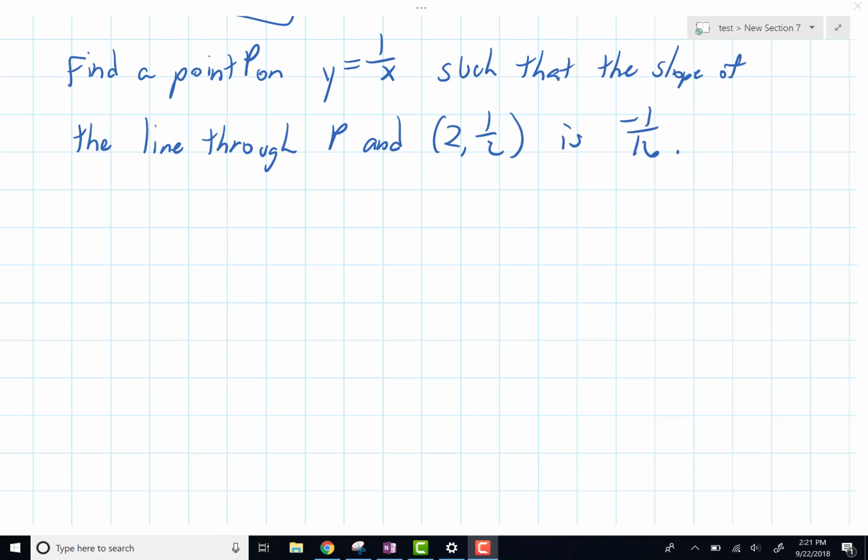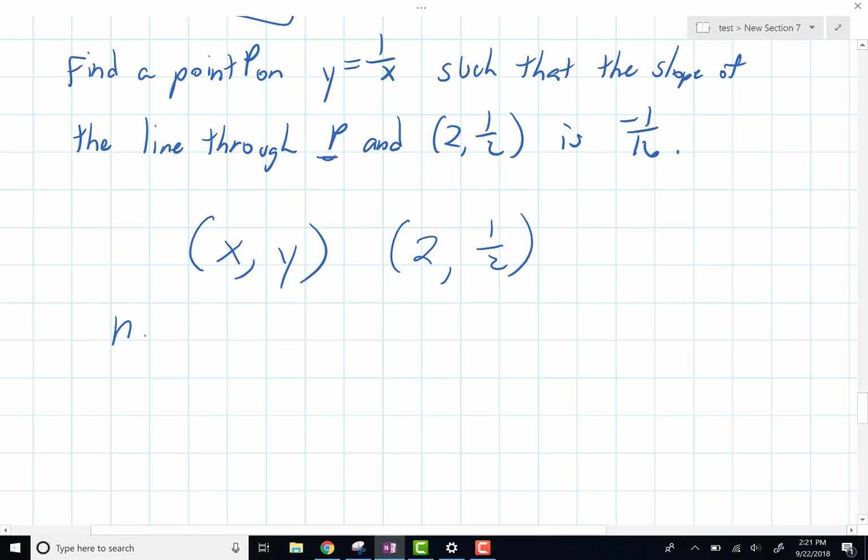All right, so we've got this point P, and I don't know what it is yet, so I'm going to call P some x, y. And I want to show that the slope through that point and this point is that. So I'm just going to do it, right? I know how to find slope. It's y2 minus y1.